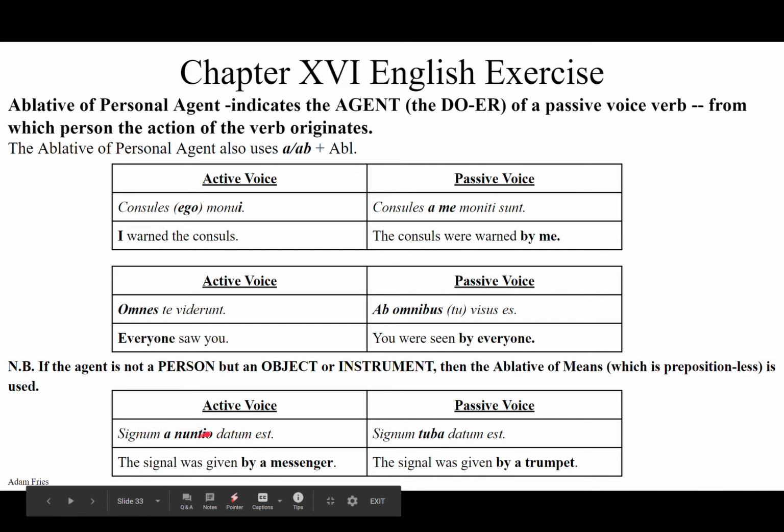He's the doer, the agent of the passive voice verb. However, if the signal was given, datum est, by a tuba, by a trumpet, with a long final a, no preposition, because it's an ablative of means. A tuba, a trumpet, is not a person, but an object or an instrument. The signal was given by means of a trumpet.